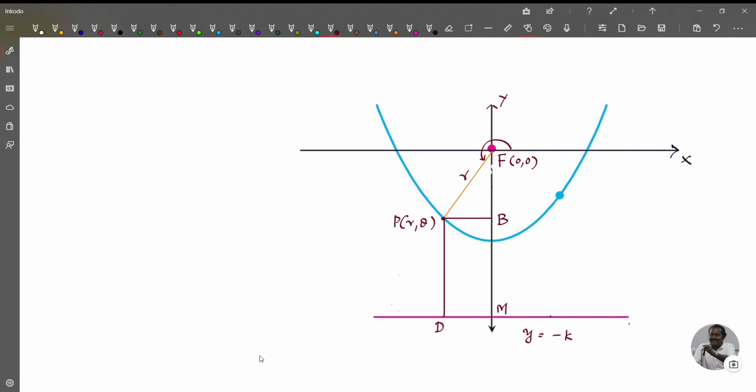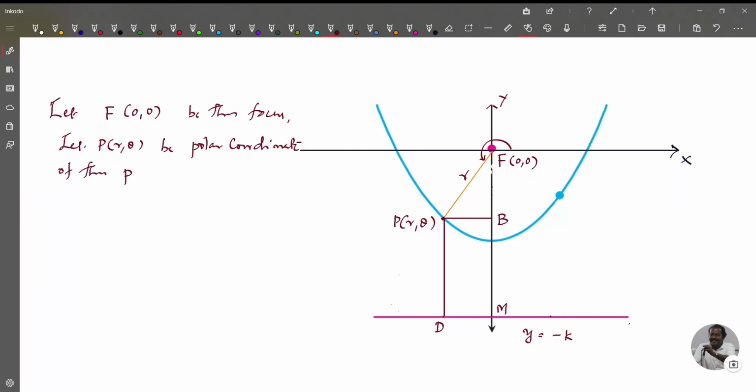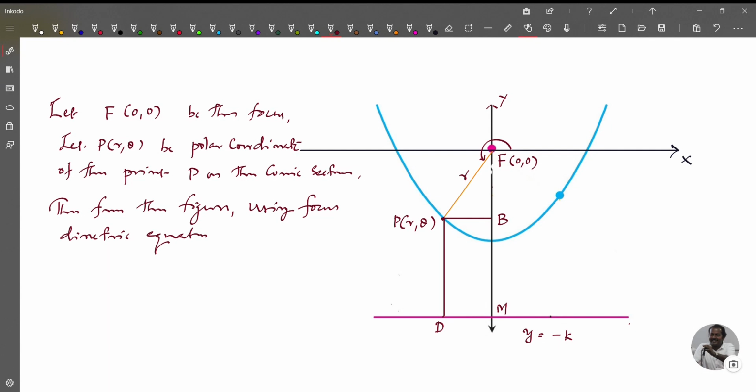So let F(0, 0) be the focus, let P(r, theta) be the polar coordinate of the point P on the conic section, and from the figure, using focus directrix equation, FP is equal to E into PD.